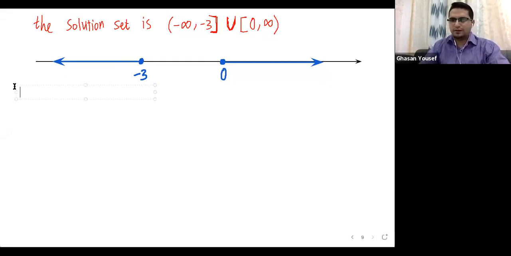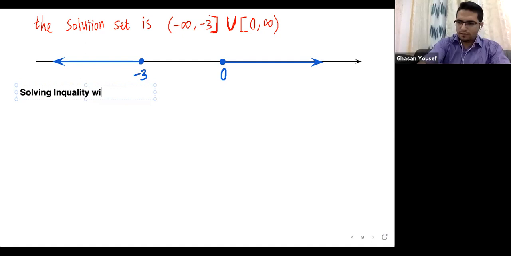If we do not have enough time, we're going to continue with this type next time, but we're going to give the important steps for how to solve something like that. Solving inequality with quotient. Quotient means fraction.